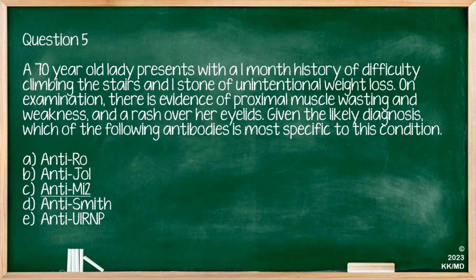This is clearly not correct in here because she has got skin involvement with her rash. If you want to hear more about polymyositis, please click here. Anti-Smith antibody is one of the antibodies that's associated with systemic lupus erythematosus. And finally, anti-U1RNP is the antibody that's most associated with mixed connective tissue disease.